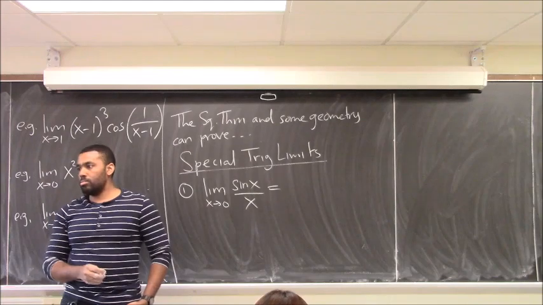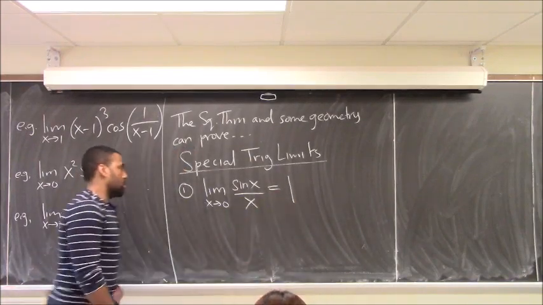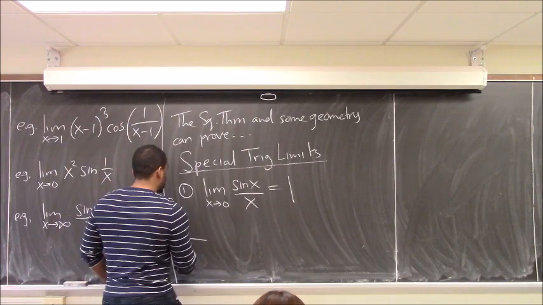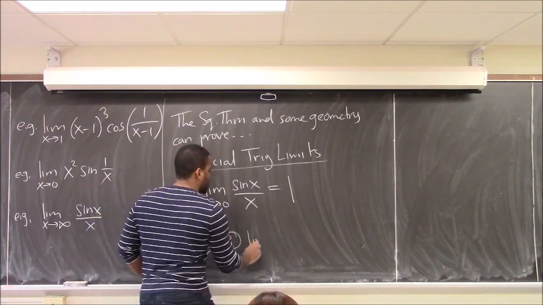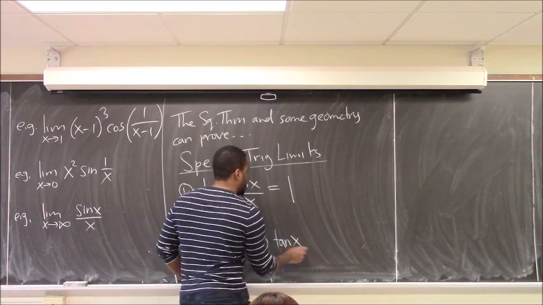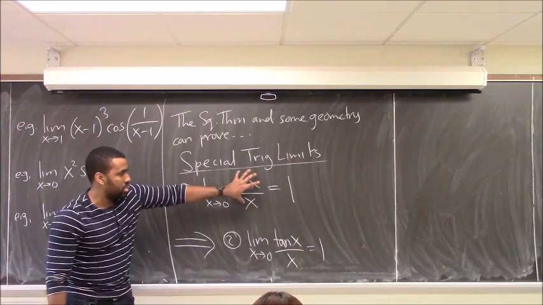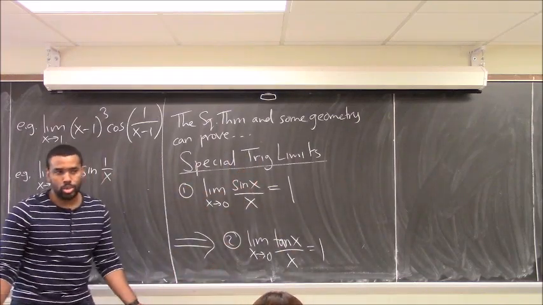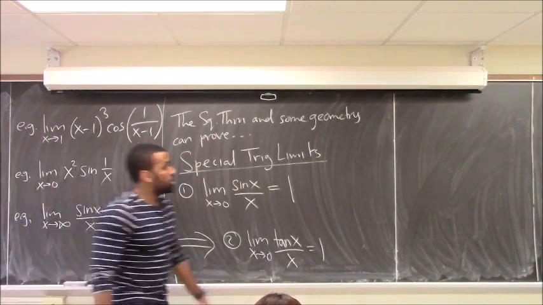Who knows? Yeah? It is 1. By the way, this implies the second one right away. Limit as x approaches 0 of tan x over x is also 1. Because that's just like this thing divided by cosine of x. Cosine of 0 is 1, so it doesn't actually change the value.